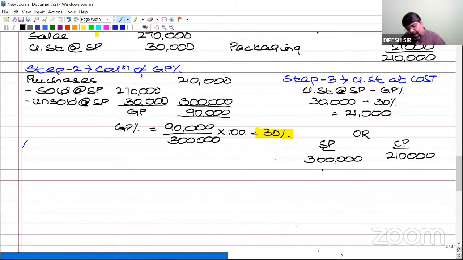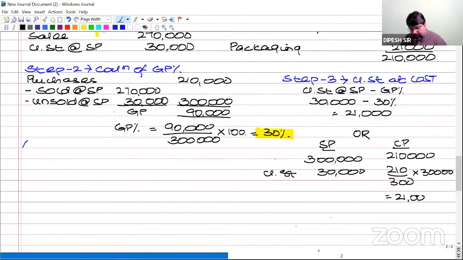Closing stock at selling price is 30,000. So if selling price is 3 lakhs, cost price is 2,10,000. If selling price is 30,000, what will be the cost price? Cross multiplication: 210 by 3 lakhs into 30,000, that is 21,000. Am I clear, chartered? Yes, sir.